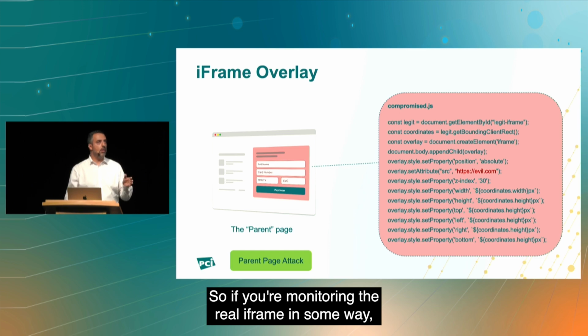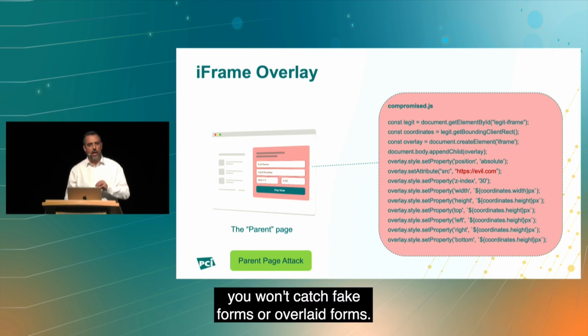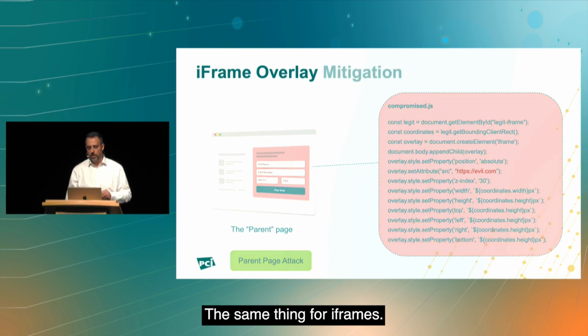So if you're monitoring the real iFrame in some way, you won't catch this. Okay? It's the same thing as the form. If you're just monitoring the real form, you won't catch fake forms or overlaid forms. The same thing for iFrames.